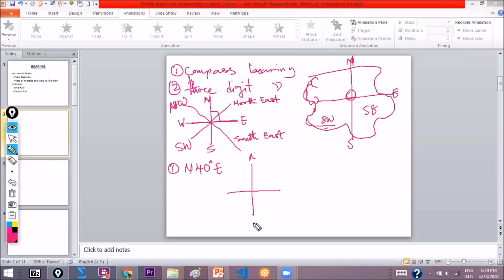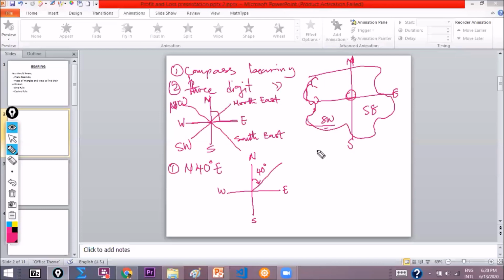You have your north, south, west, and east. So this is north, and this is your east, so the angle moves this way. This is how you represent north 40 degrees east.